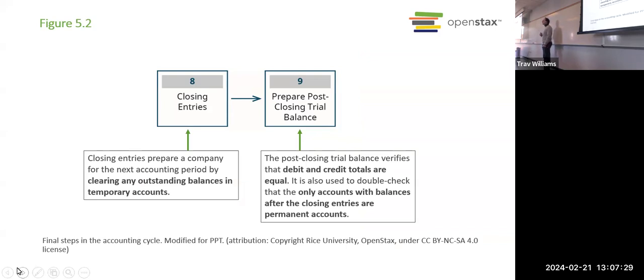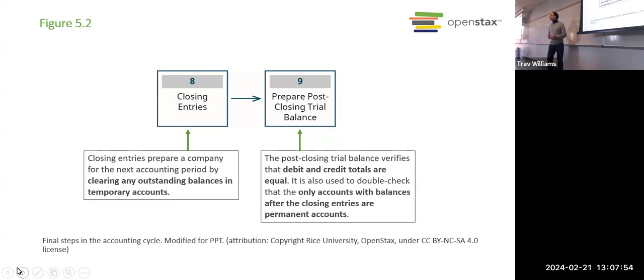The accounts we close out for the most part are revenue, expense, and dividend accounts. And the reason we close those out is so that for the next year, we can start from 0 and we can see what were the revenues last year and what are the revenues this year. So that's why we close these accounts out. Same thing with expenses, same thing with dividends.